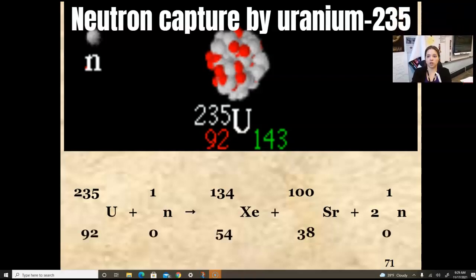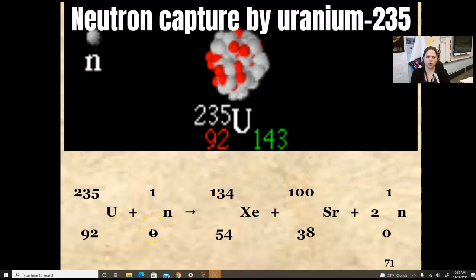So this is an example of neutron capture by uranium-235. You see uranium-235 captures, grabs onto a neutron, and conservation of energy, right? So whatever's on this side has to be on this side. So when this happens, it makes uranium split into two smaller particles and two neutrons.